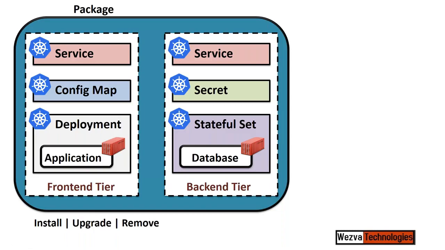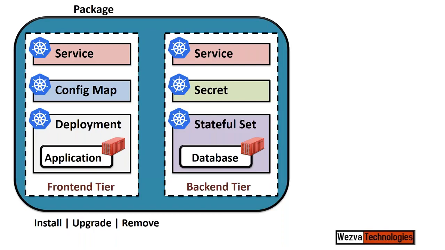So as we move forward, it's not just that we will be having one manifest file to define our deployment, but there will be a collection of various manifest files which will be defining what exactly a deployment is for us. So just like how you have a Jenkins package or an Ansible package in your OS, now in Kubernetes, we have to think about how I can create a package which will contain all these manifest files or the objects' definitions.